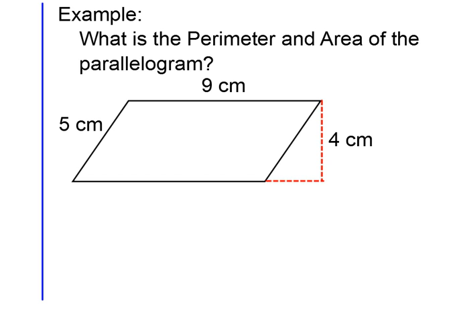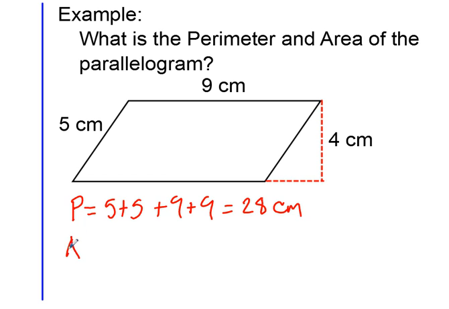We need to make sure we use the right numbers. So our perimeter is going to be found by adding up all the sides. We have a 5 and a 5, so that's 5 plus 5, and a 9 and a 9 for top and bottom, 9 plus 9, giving me a total of 28 centimeters. My area, which we need to make sure we pick out the right numbers, 9 is a base, and 4 is my height.